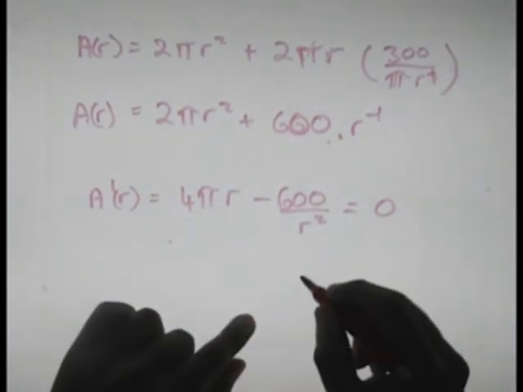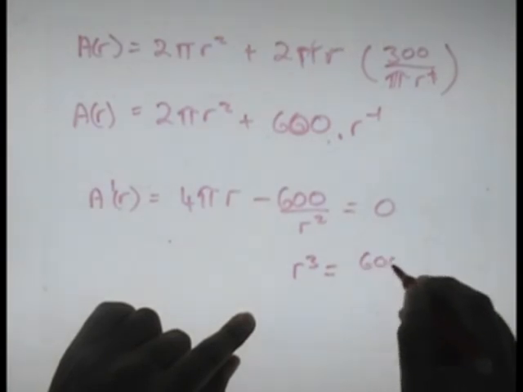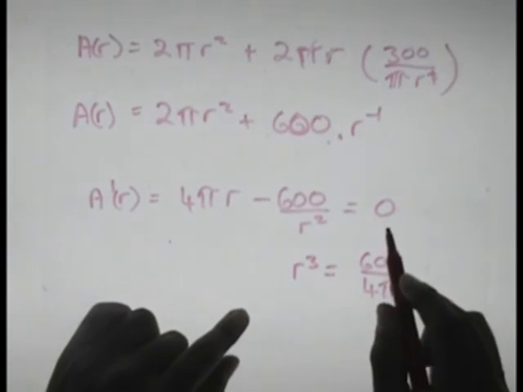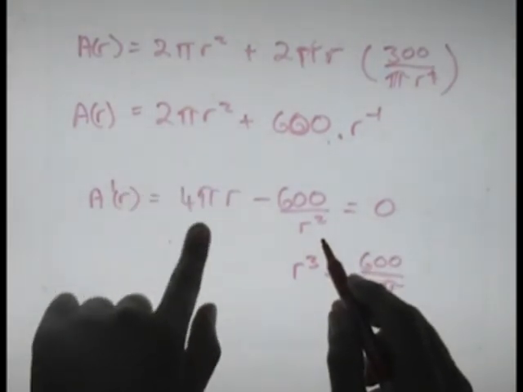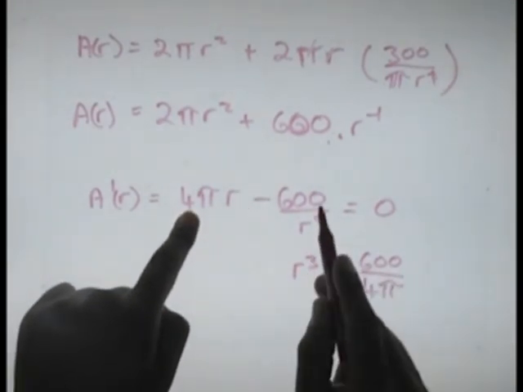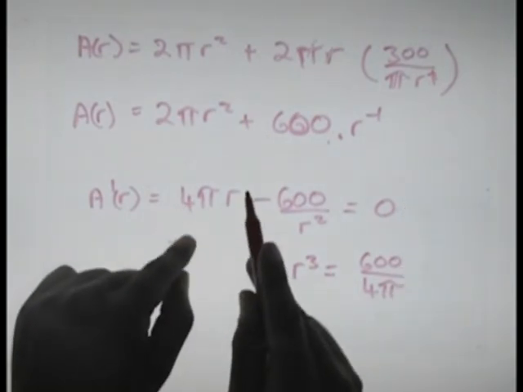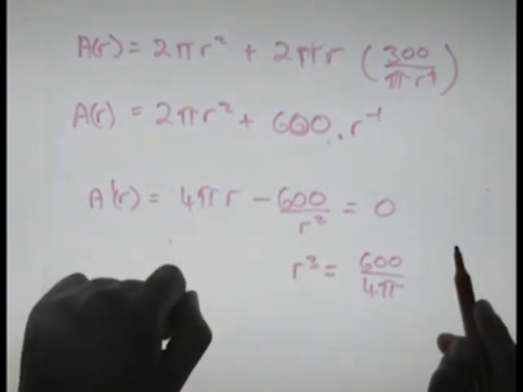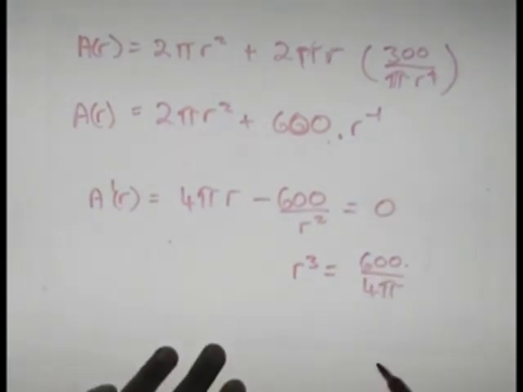Manipulating this formula, I'll get r cubed is equal to 600 over 4 pi. Because I'm multiplying everything by r squared over 1, that will be 4 pi r cubed minus 600 equals 0. That means that 4 pi r cubed is equal to 600. That means that r cubed is equal to 600 over 4 pi.